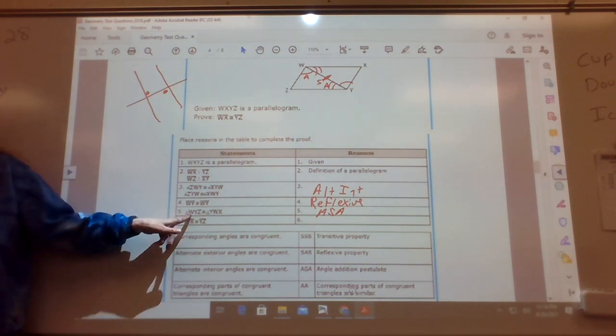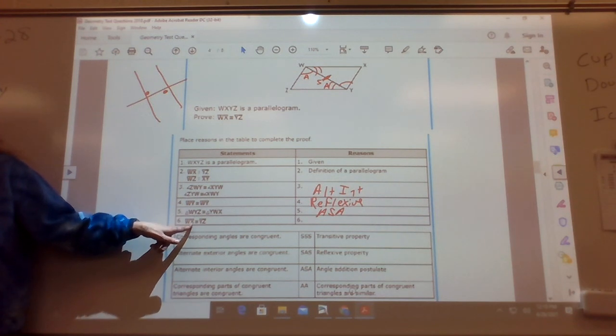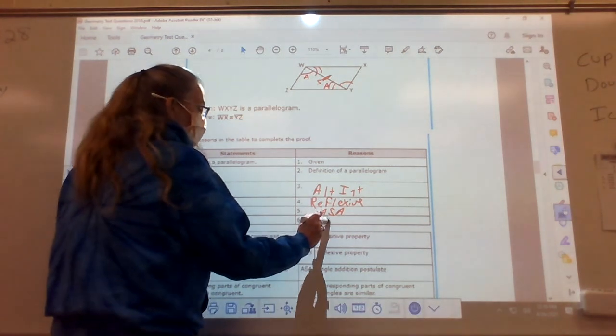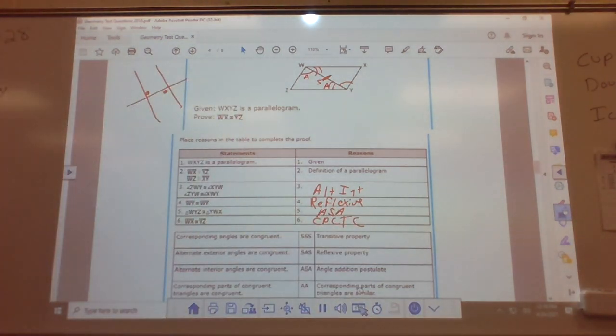So if you have triangle congruent statements and something after, the something after is always corresponding parts of congruent triangles are congruent. They're not going to use the abbreviation. They're going to write it out.